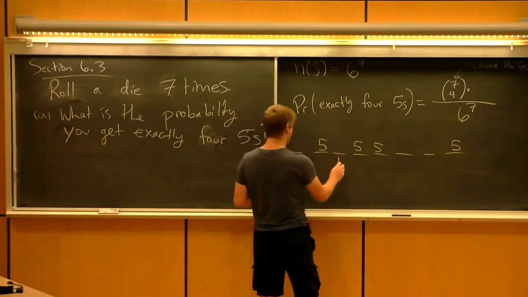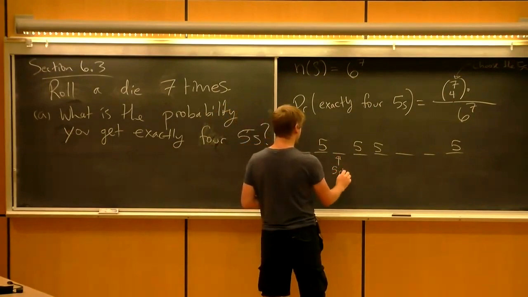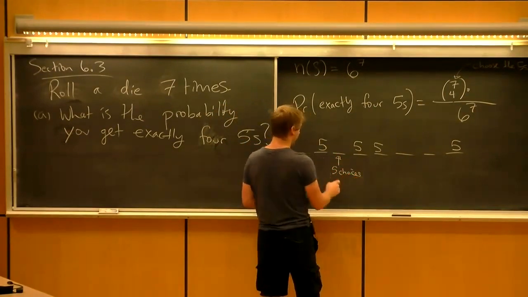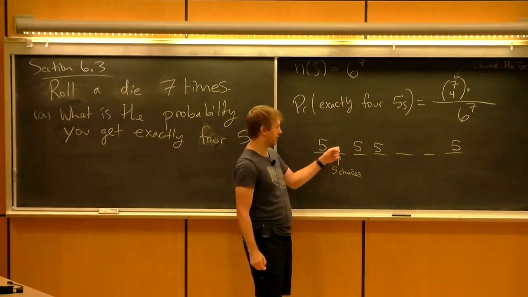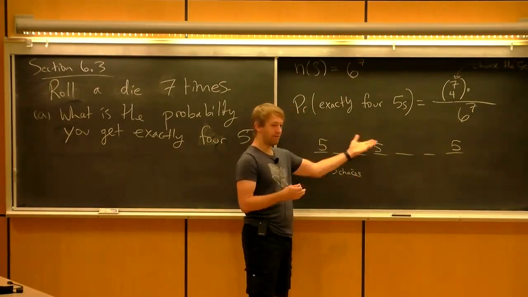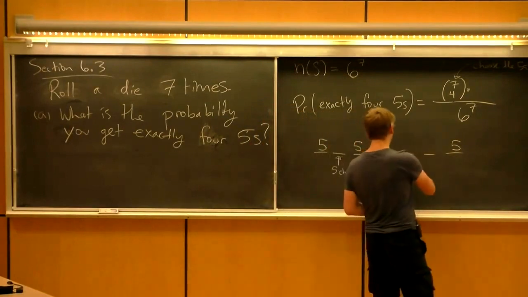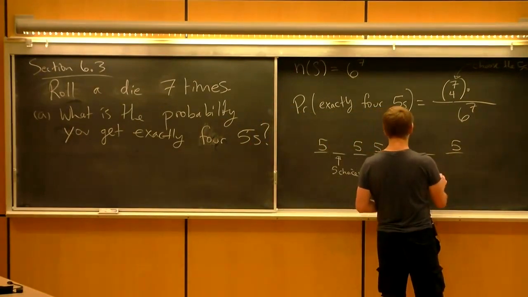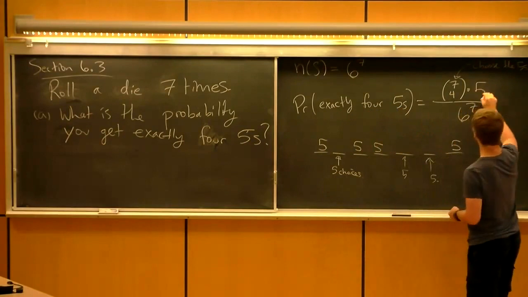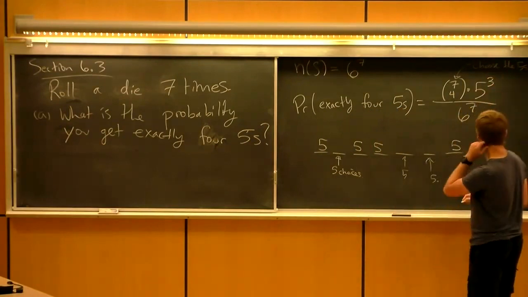So these have 5 choices. It can be anything but a 5. If it's a 5, then we're going to have 5 5s. So I've got 5 choices, 5 choices, 5 choices. So you're going to want a 5 cubed here.